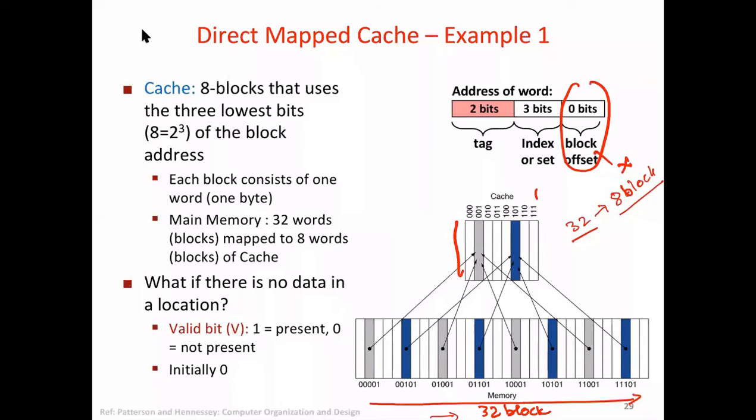Similarly, 01001 is mapped into 001. Even 11001 is mapped again into 001, and so on. So what we see is that these lower bits give the index.